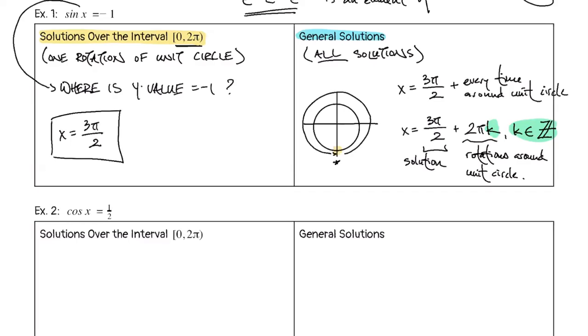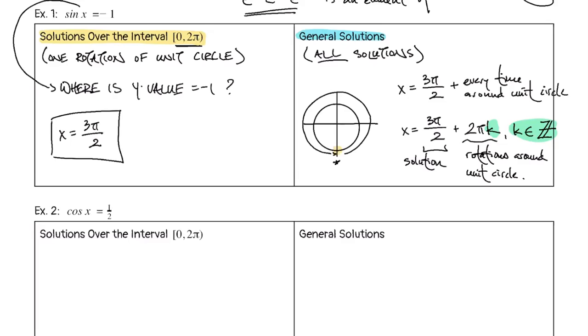You're either going 2 pi, 4 pi, 6 pi, 8 pi, could be 0 pi, -2 pi, -4 pi, -6 pi. And we will take a look at some in a little bit, Christina, where we only go around halfway, and we'll talk about how that changes when we write our notation, okay?